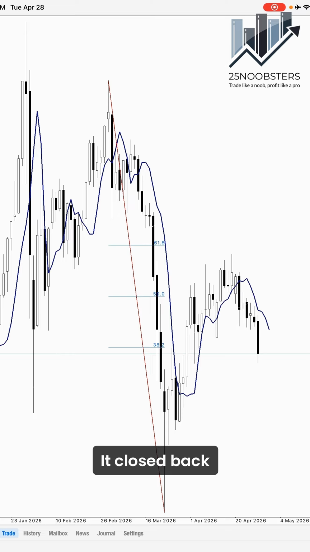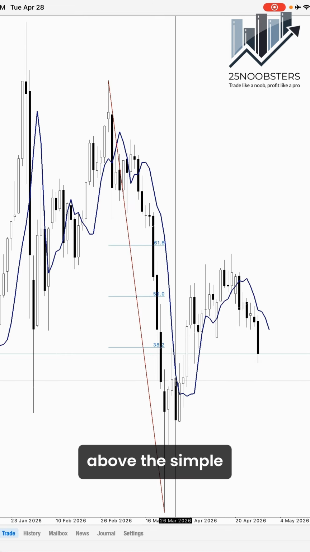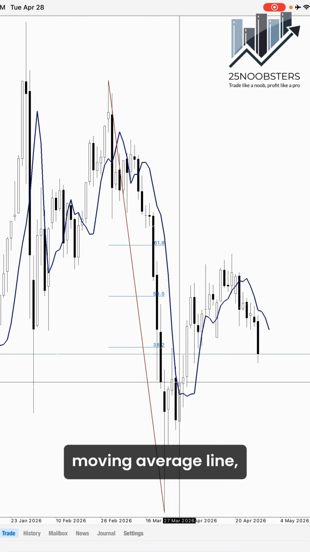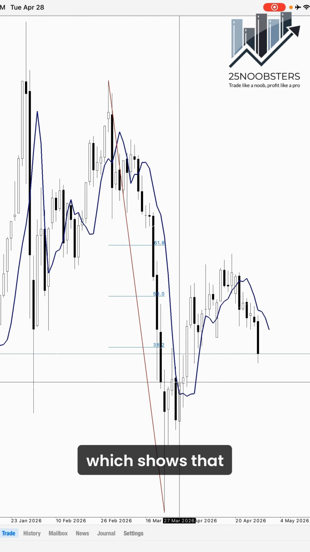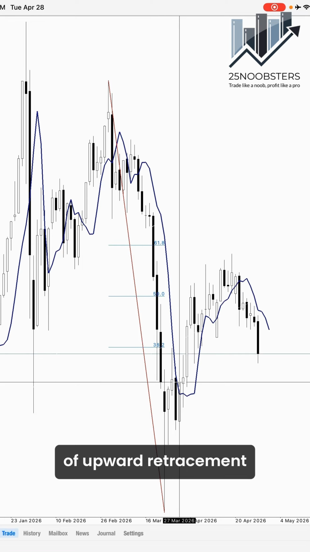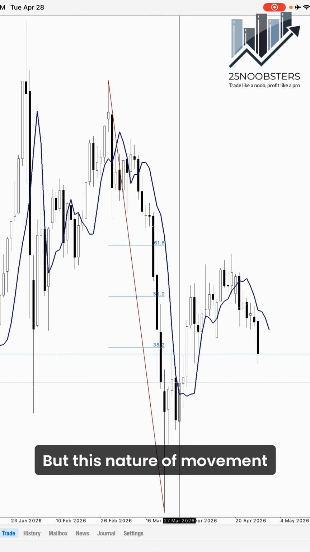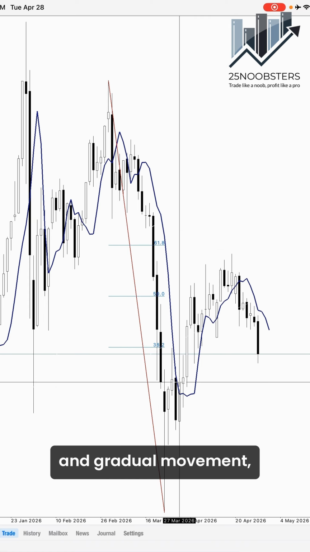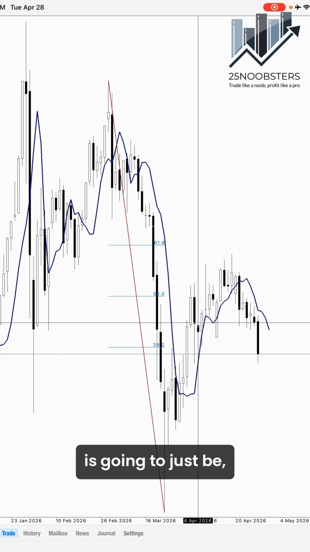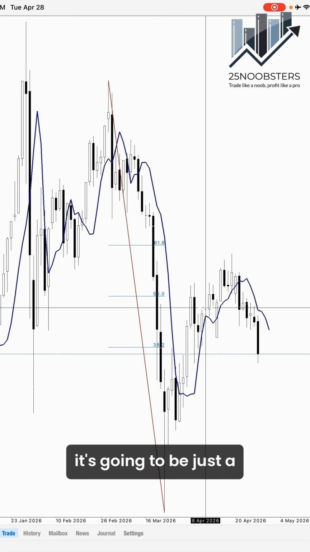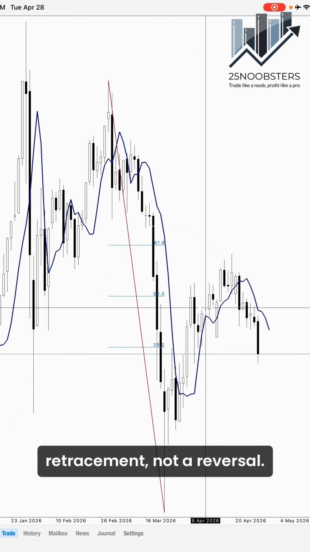It closed back above the simple moving average line, which shows that there are high chances of upward retracement continuation. But this nature of movement shows that this is a slower and gradual movement, and that's why it is going to be just a retracement, not a reversal.